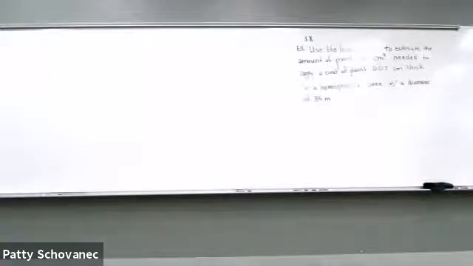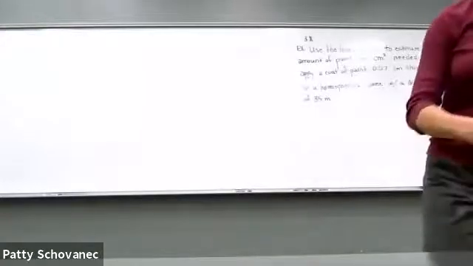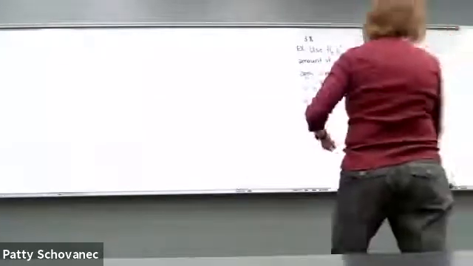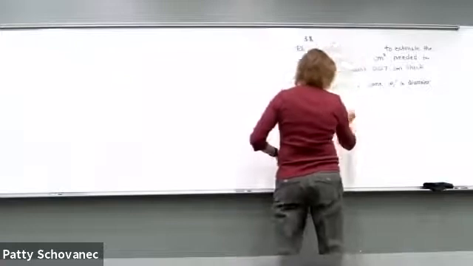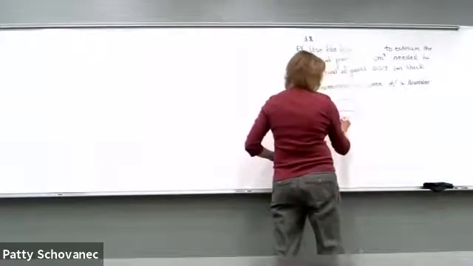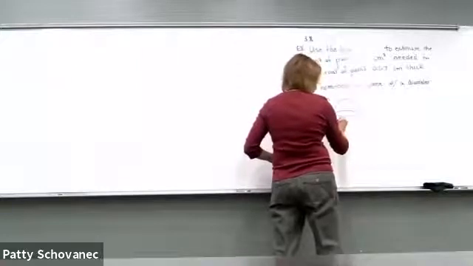Is that a mean one to start out with? I'll draw a picture and everything will make sense. So we've got something that looks like half of a sphere with a diameter of 35 meters.